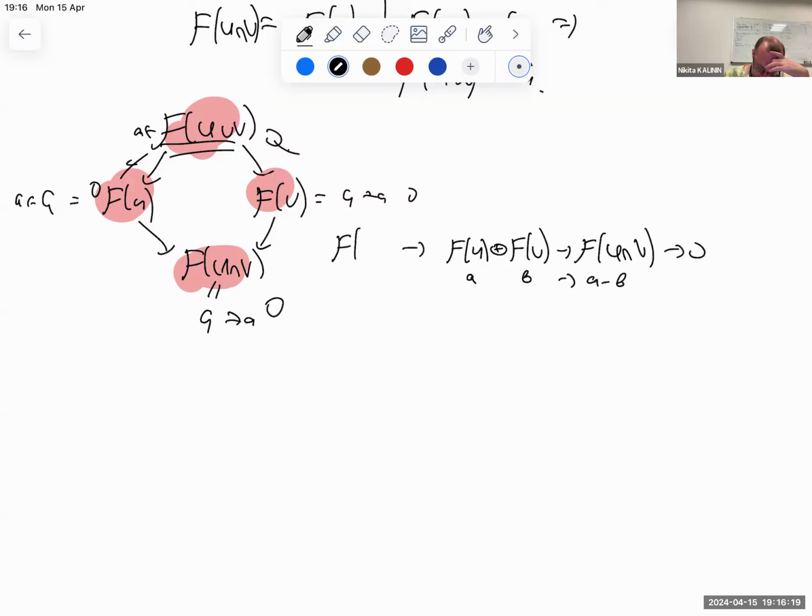Here you just say it's F of U union V. Yeah, so I think that's the way we say that a pre-sheaf is a sheaf. You just say that this row is exact.